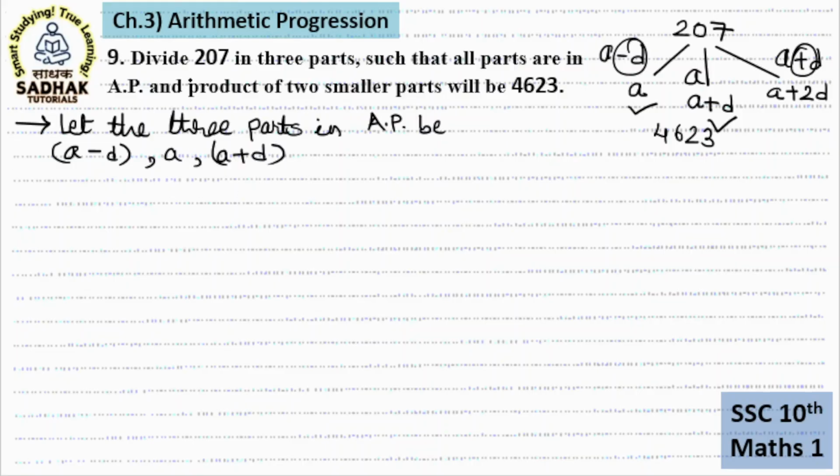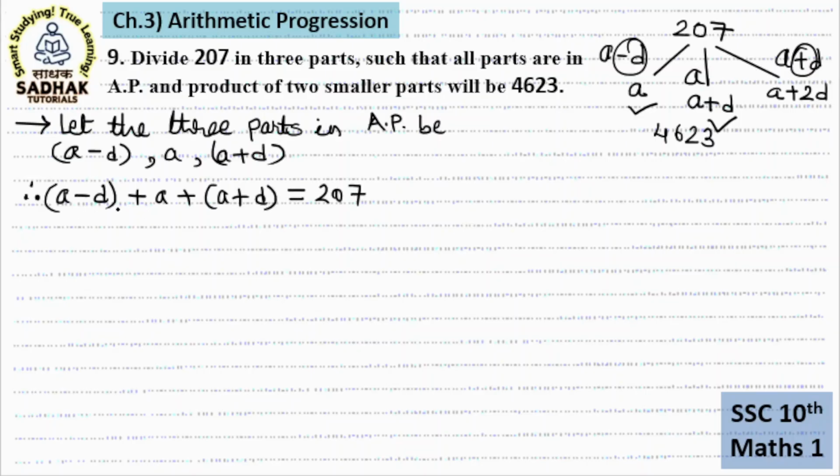So according to the first condition, therefore, A minus D, because that is the first term, plus A plus A plus D is equal to 207.